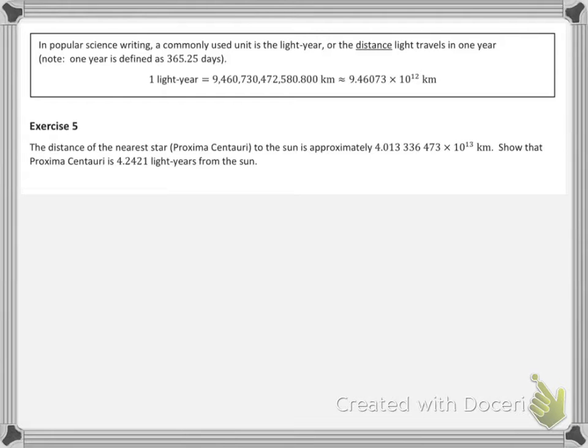So we're going to do something very similar to what we just did. We're going to take the distance of a light year, which was 9.46073 times 10 to the 12th, and we're going to multiply that by x. That's going to tell me how many light years the closest star is, and that's going to be equal to our distance from the nearest star to us, to the Sun, to our Sun.